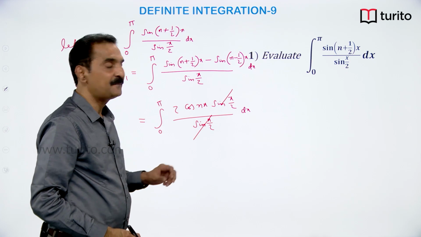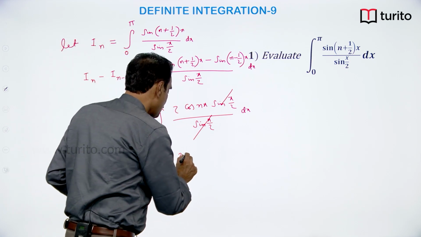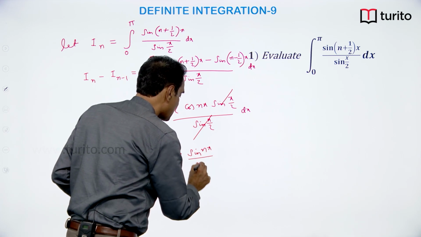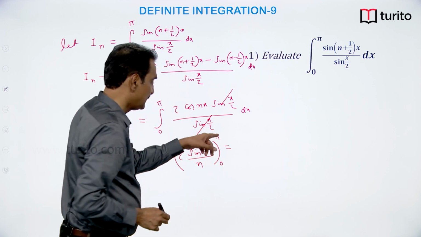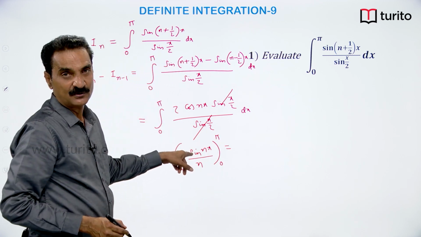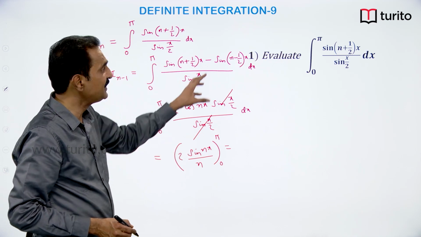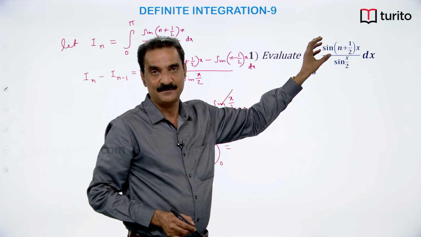Then what is the integral of 2 cos nx? 2 into sin nx by n. Substituting the limits 0 and pi, sin of n pi is 0, where in all these problems, wherever n is there, you should understand that it is an integer.